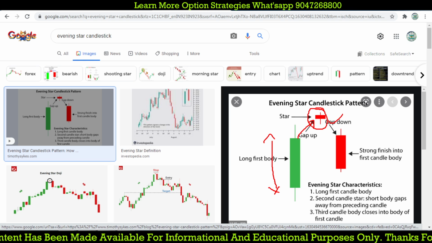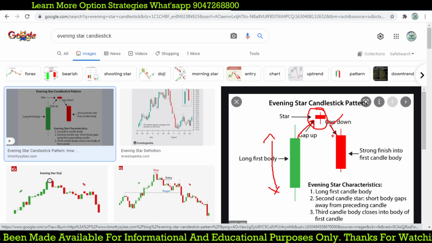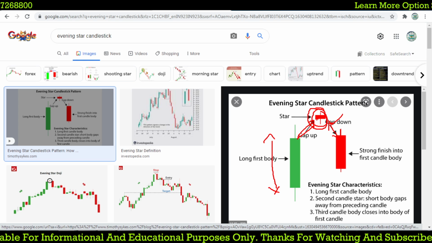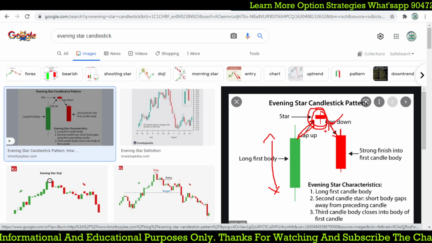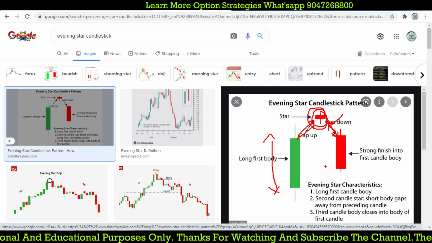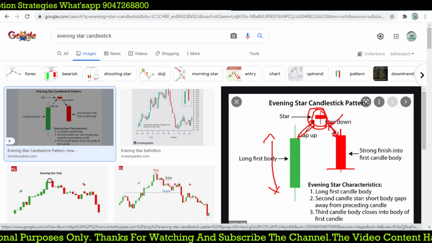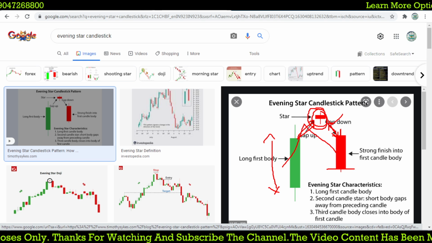And the next day's candle again gaps down. So that is what is important. The next day gaps down and the market moves down, ending lower. It shows strong strength. So that is called the evening star pattern.